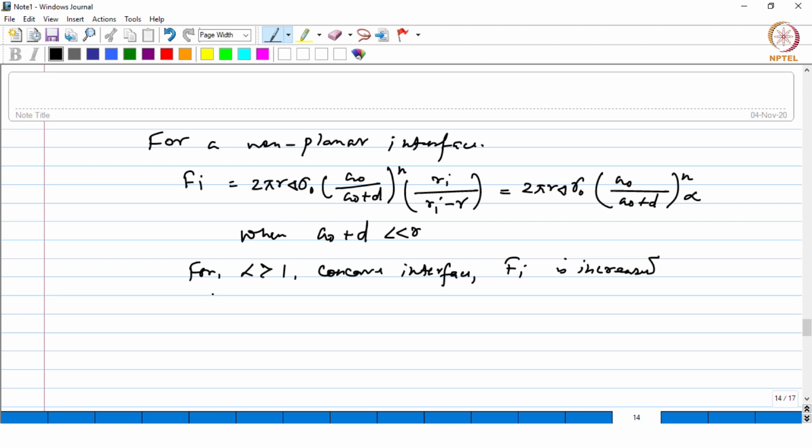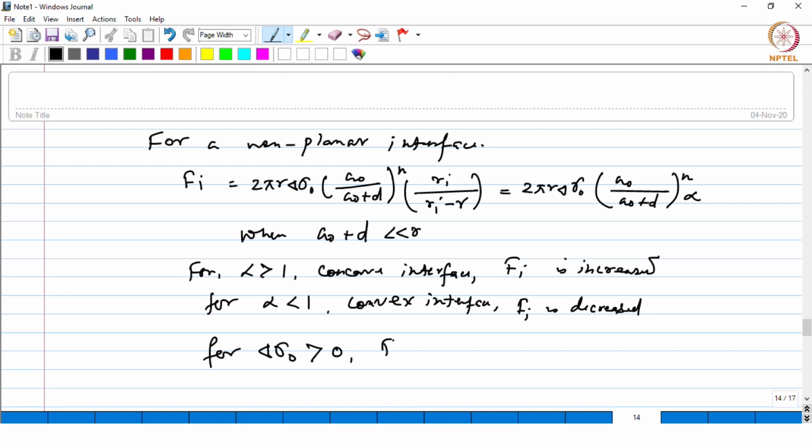On the other hand, for alpha less than 1, a convex interface develops and Fi is decreased. And you can also see that for delta sigma naught greater than 0, Fi is conducive for pushing and vice versa.